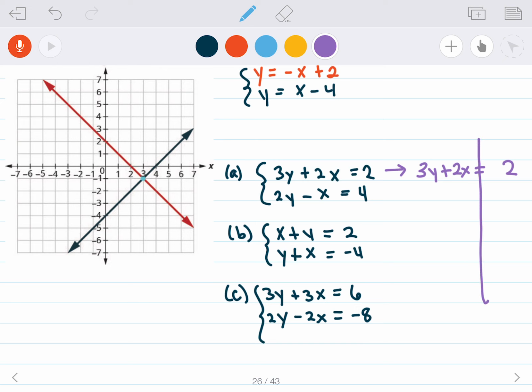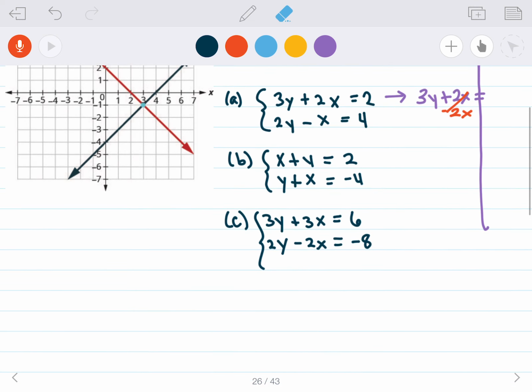So to get it in y equals mx plus b form, just like we have up here, we want to get y by itself. So to start that process off, on the left, I'm going to subtract 2x from both sides. And I guess maybe I'll do this down here. Let's see. 3y plus 2x equals 2. Let's get rid of this up here.